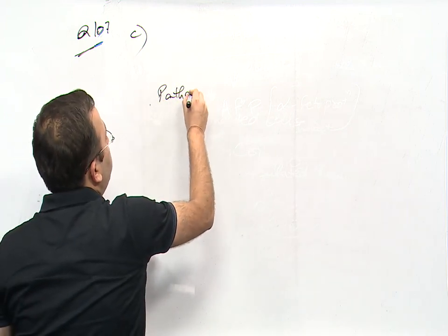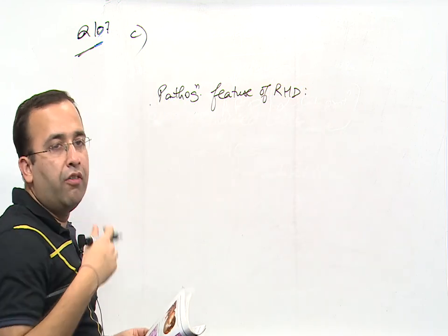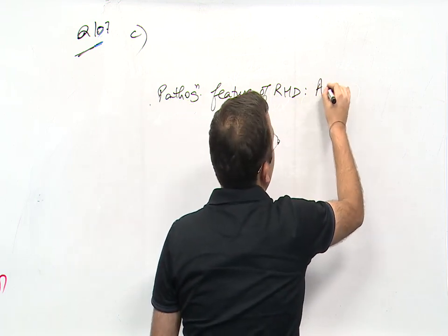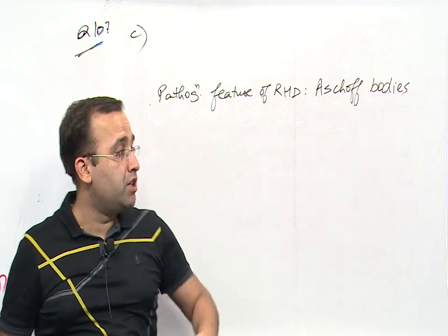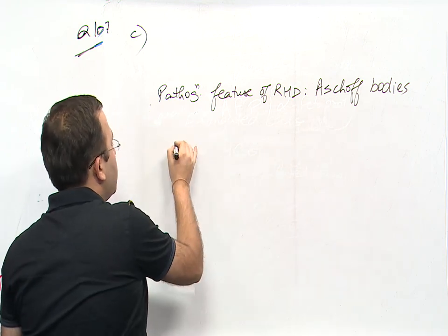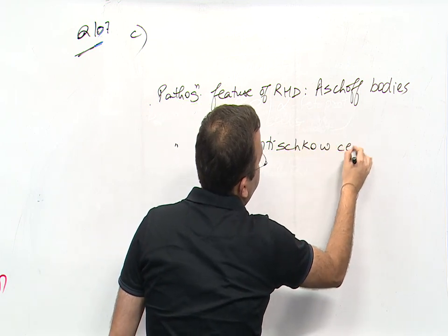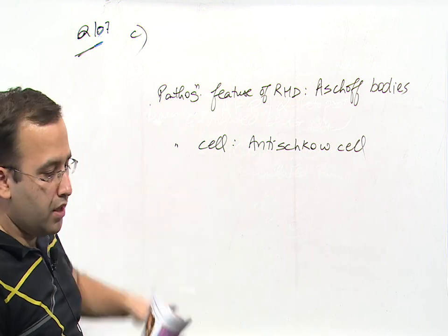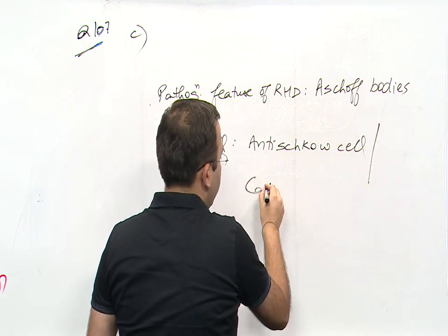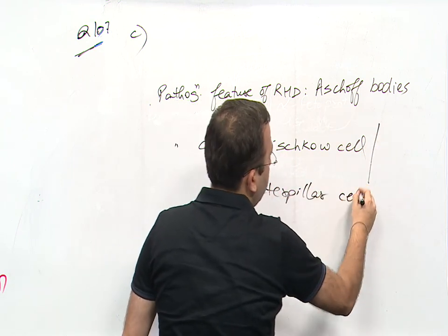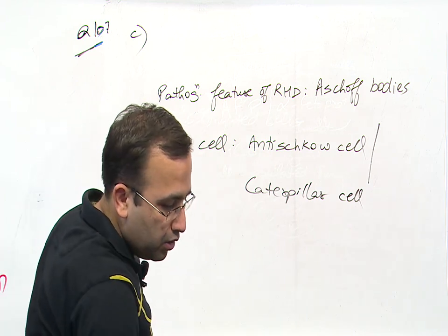You very well know the pathognomonic feature of RHD is the presence of Aschoff bodies, whereas the pathognomonic cell in RHD is the Anitschkow cell, also called the caterpillar cell.